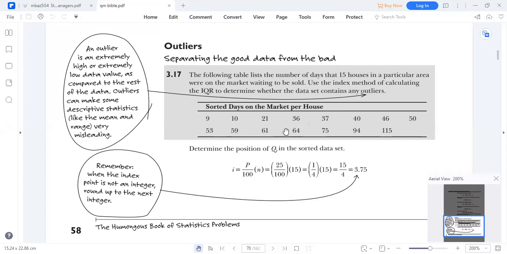So first we need to find the quartiles. The first quartile, Q1, is a quarter of our N. Our N was what? 15. So a quarter of 15 is 3.75. What do we do when we find 3.75? We round up.